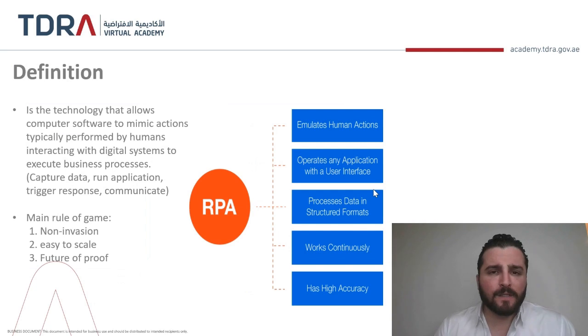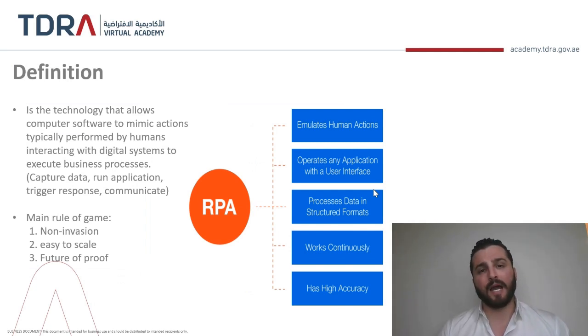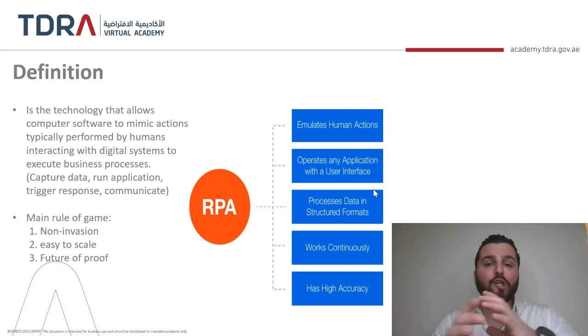A simple definition that can help identify RPA in general could be: it's a technology that allows computer software to mimic human actions.